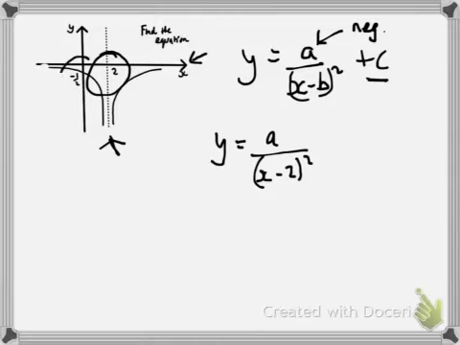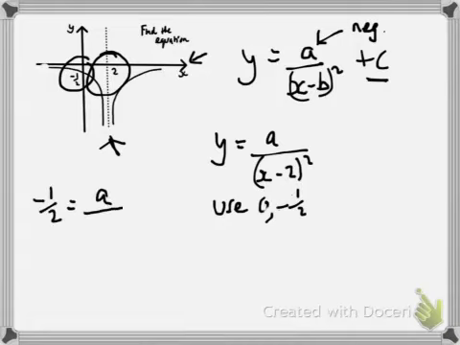Now we've got this point here. We've got a y-intercept of 0, negative a half. So we're going to use that point to help us find out this graph. So we know that if x equals 0, then y equals negative a half, which equals a over 0 minus 2 squared.